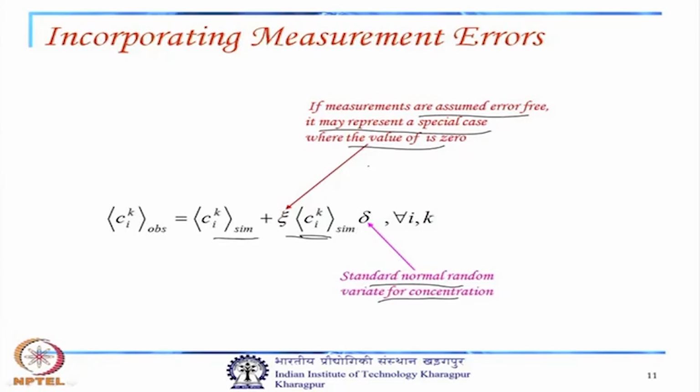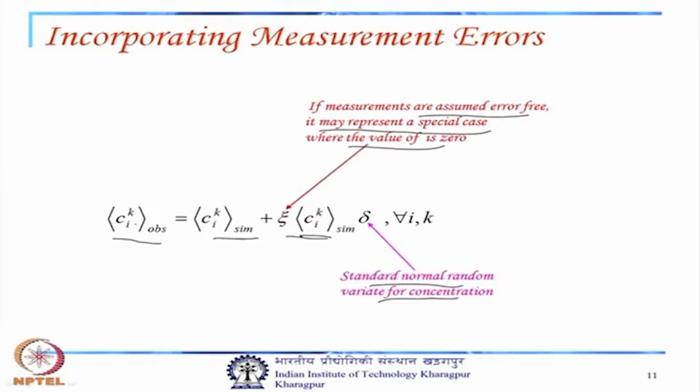So, we can introduce some kind of error with the simulated values, and we can create some observed values to test our two objective functions or our two formulations OSIM1 and OSIM2.